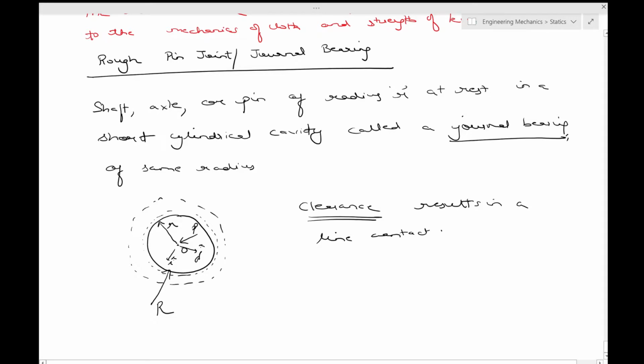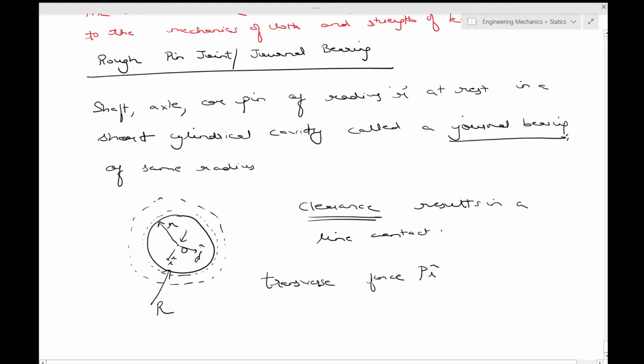Now you have this transverse force P i hat. Sorry, I should show this P in direction i.